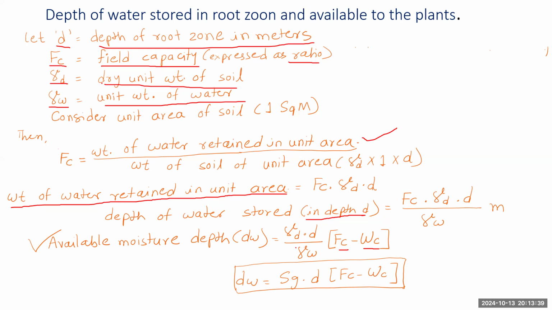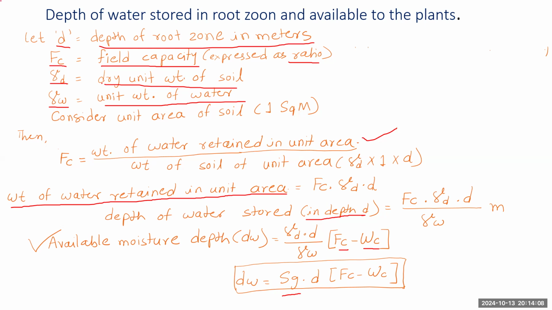Now all of you know the term apparent specific gravity. Apparent specific gravity SG is gamma D upon gamma W. So the final formula for dW is SG into D, where D is the depth of root zone in meters, into (FC minus WC).